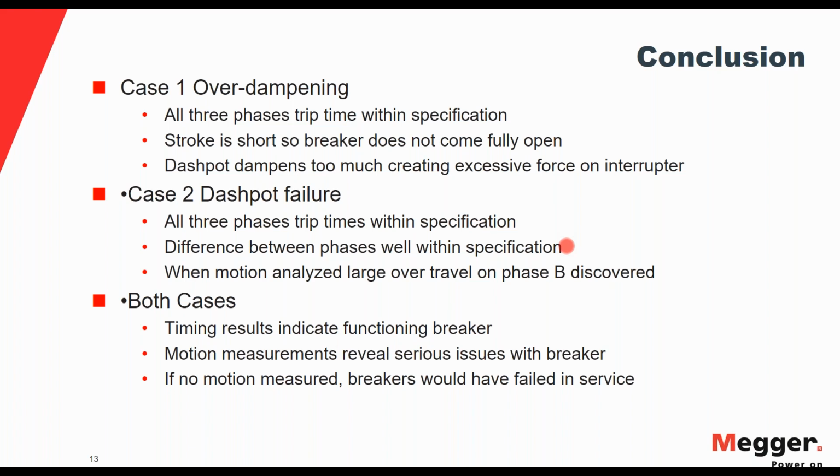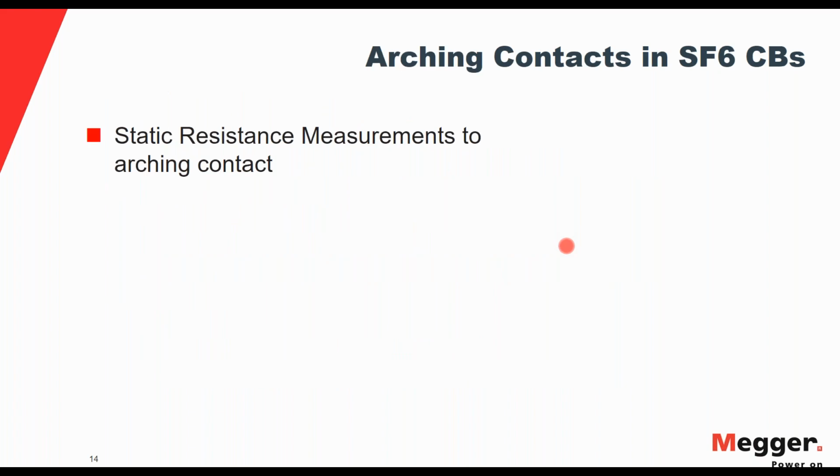Another thing you can benefit from a motion test for is finding arcing contacts in SF6 circuit breakers. This is another reason. Static resistance, or what we call contact resistance or micro-ohm measurement, to the arcing contact is not really applicable. But what is actually an arcing contact?